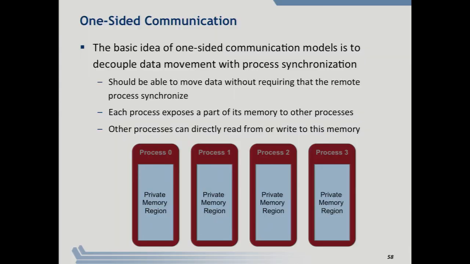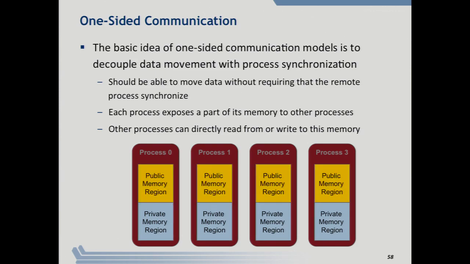Rather, what we do is say that the processes have to say what data they're going to expose for other processes to access. And we'll see that here is sort of described as each part of the process is going to expose part of its memory to other processes, and processes will be able to read and write from that. And an implementation could check for that, at least in a debugging mode.